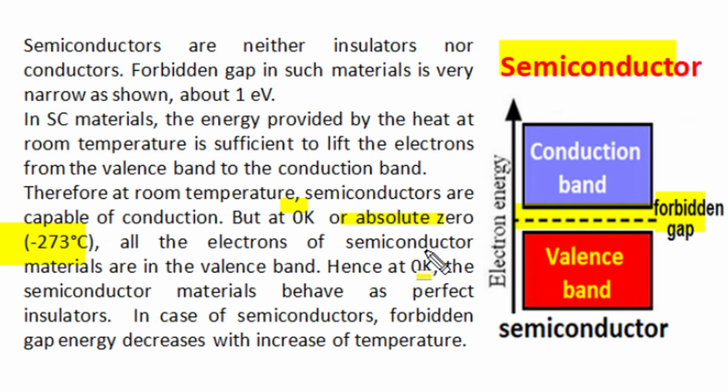But if we increase temperature, the energy of valence band electrons will increase, the magnitude of forbidden gap also decreases, and more number of electrons may reach conduction band, and in that condition increased temperature will increase conductivity of semiconductor material.